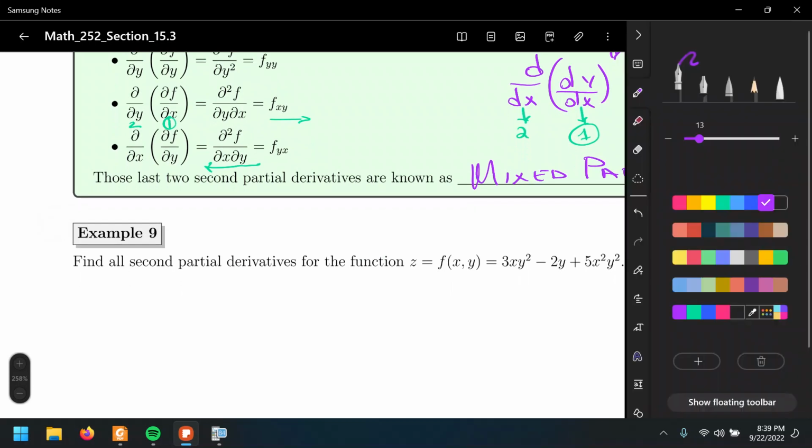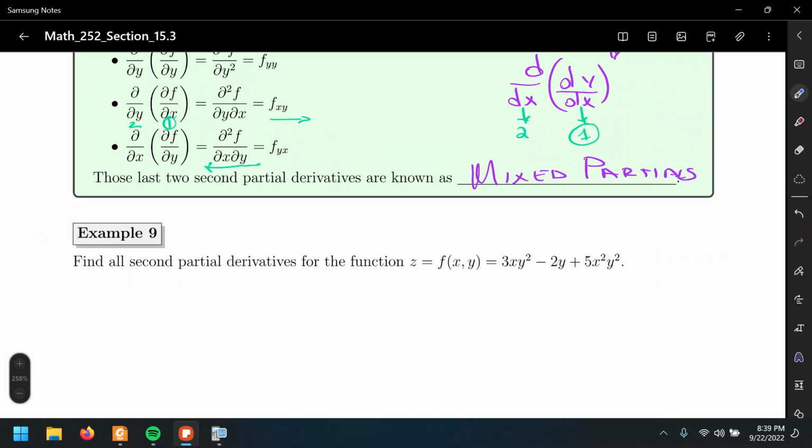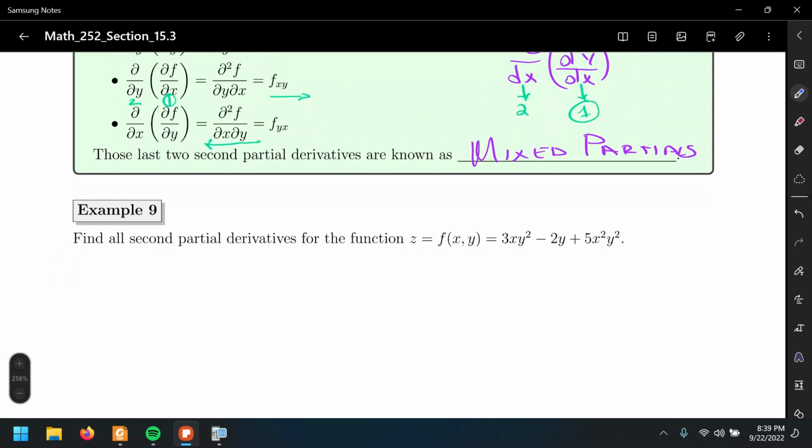So number 1, let's find all first partials for this given function. Partial f with respect to x. The derivative of 3x y squared is just 3y squared, minus the derivative of 2y with respect to x, which is 0.